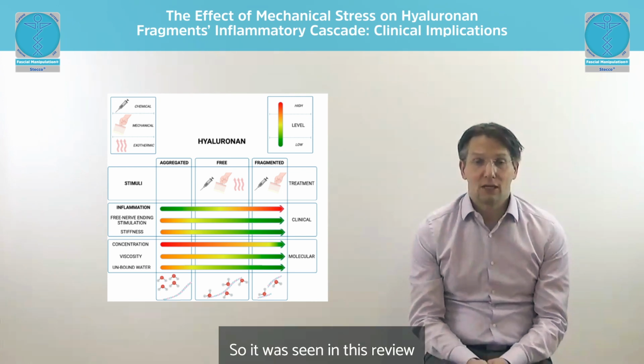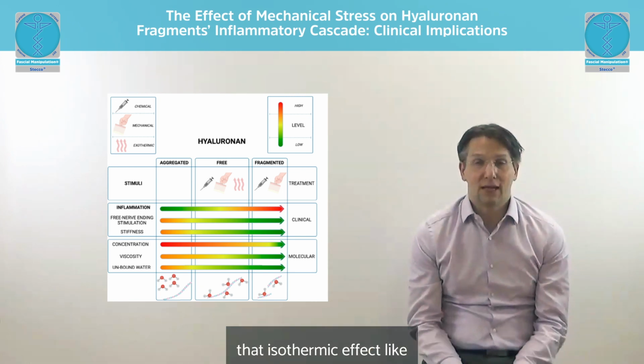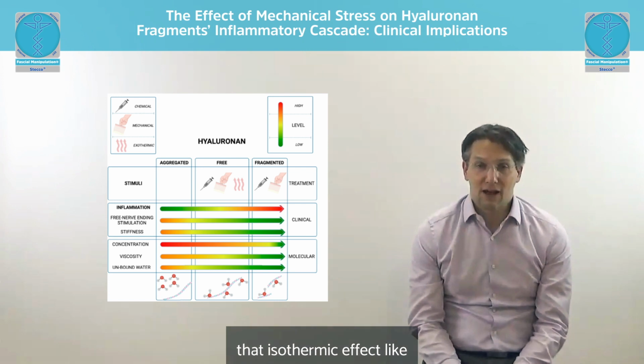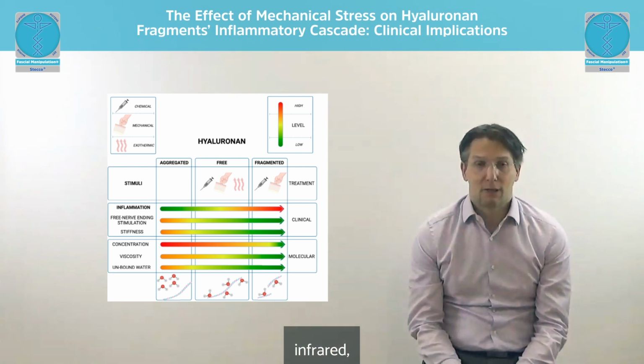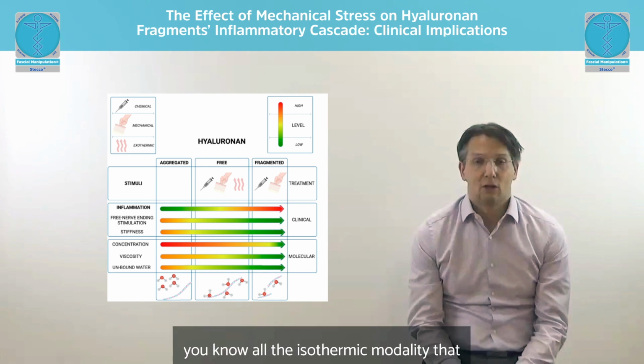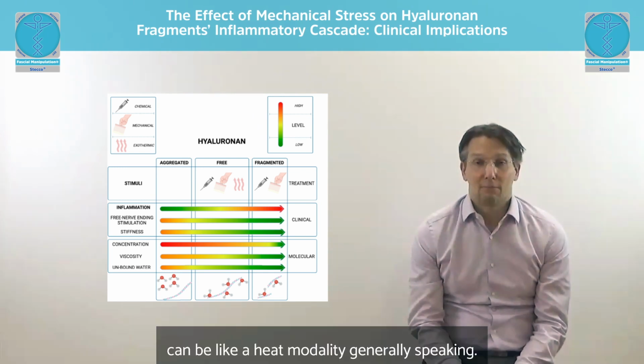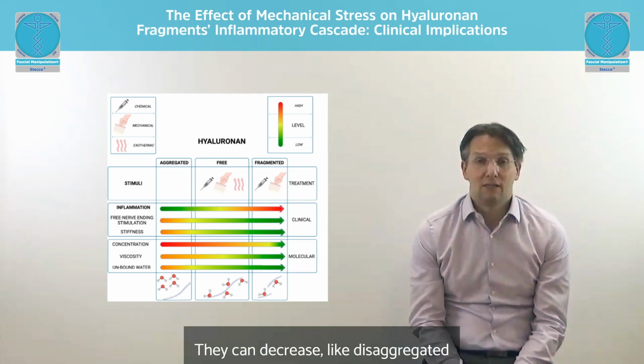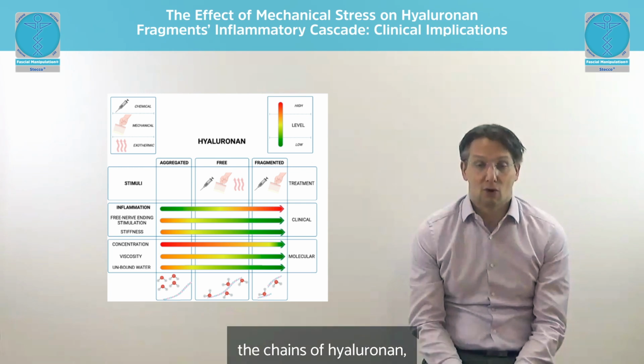It was seen in this review that exothermic modalities like laser therapy, infrared, all the modalities that can be a heat modality, generally speaking, can disaggregate the chains of hyaluronan.